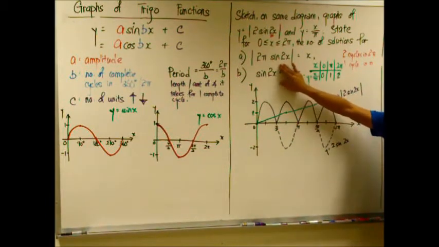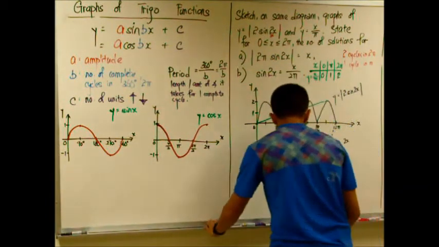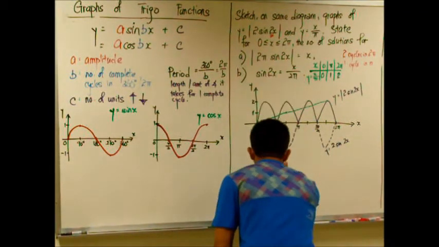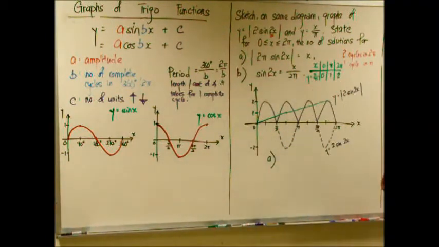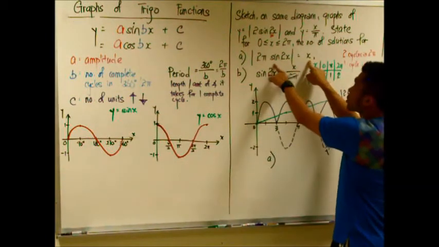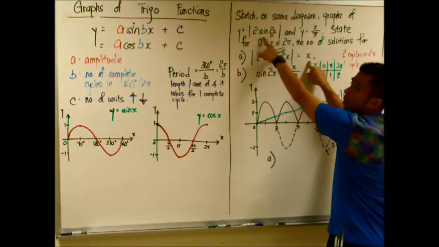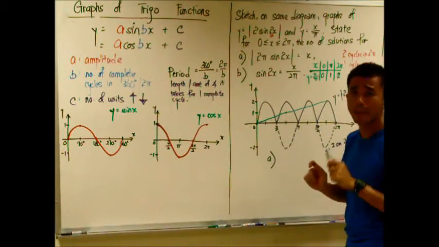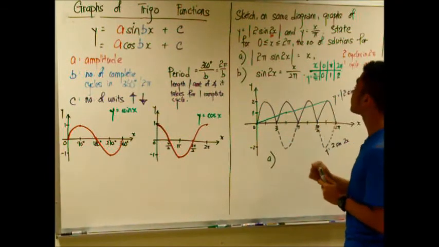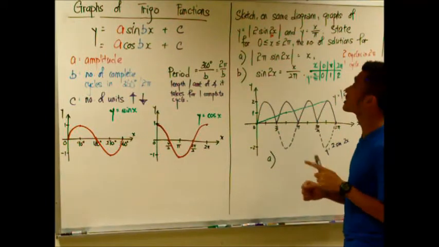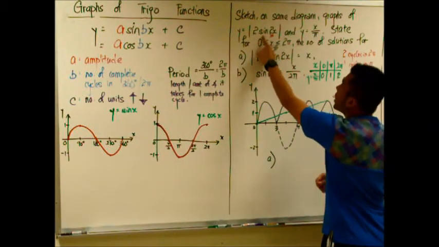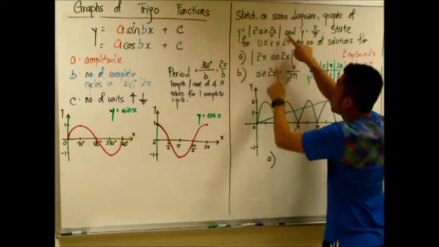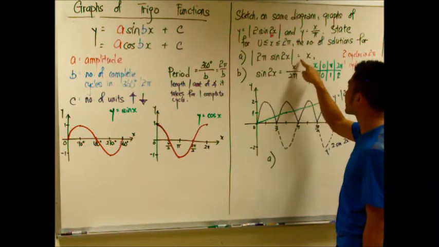Actually, part A and B are even easier. Just use your common sense and think about how many solutions part A would have. This equation looks different from this one, but take note, because we're making use of the concept of simultaneous equations, the number of solutions must come from the intersection. When you equate this equation to this equation, you can cross multiply the pi, so 2 pi sine 2x is equal to x.